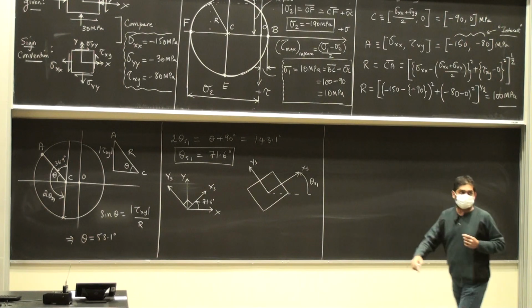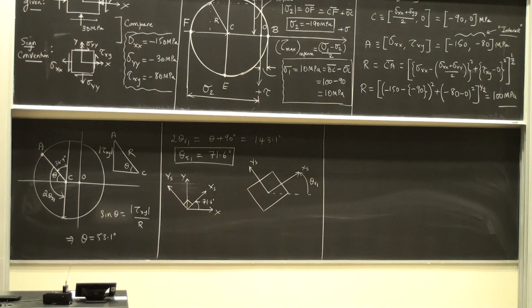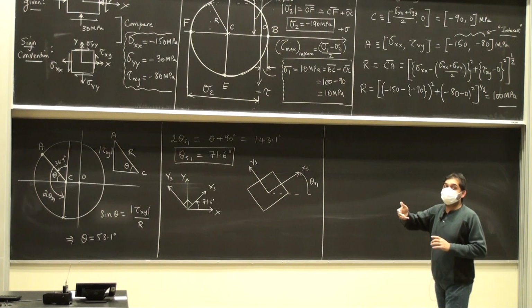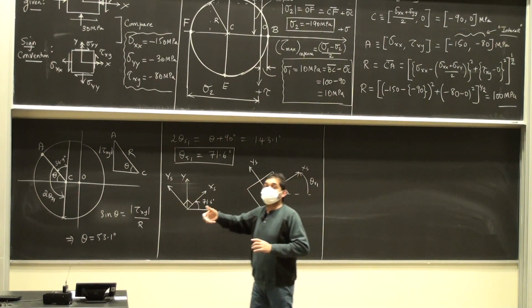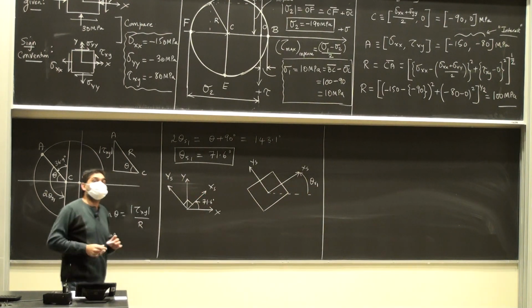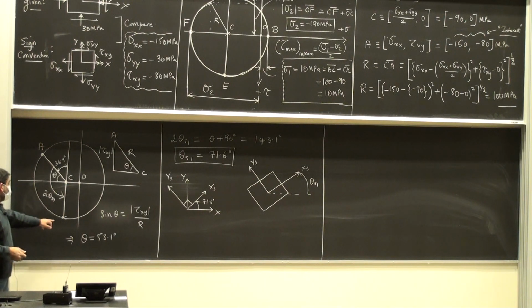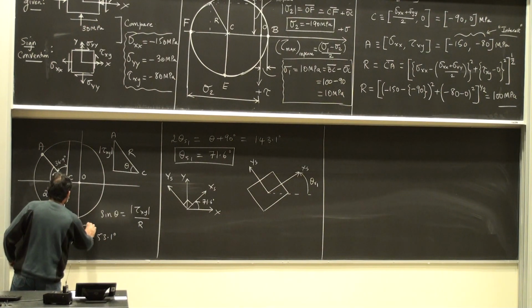This is theta s1. Notice where you are going with the 2 theta s1 angle. Am I going to the positive shear stress maximum value or the negative shear stress maximum value? I'm going to the positive value, right? Because this is on the positive direction of tau.